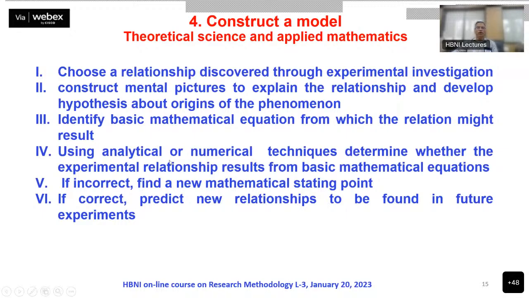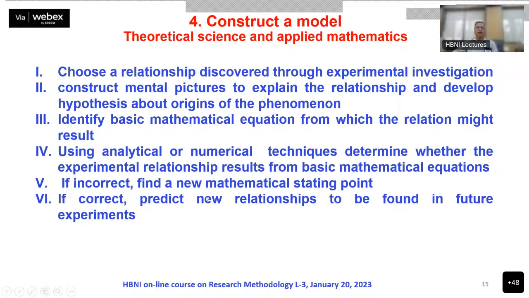Using analytical or numerical techniques, determine whether the empirical experimental relationships result from basic mathematical equations. So you can try to fit them into analytical functions, or even numerically, you can try to arrive at some functions. If incorrect, find a new mathematical starting point.